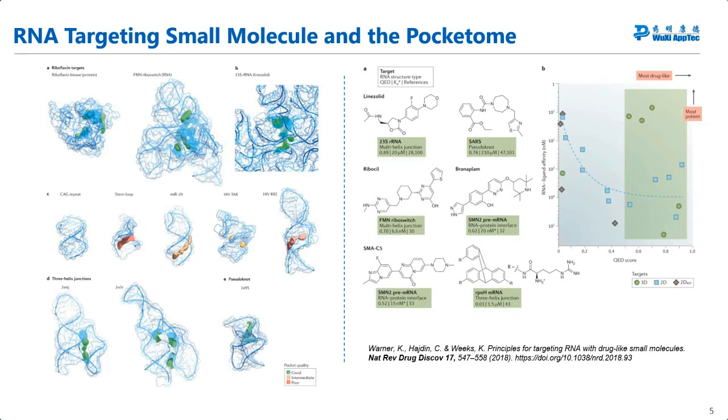Interestingly, molecules targeting higher order tertiary RNA structures are more drug-like, while compounds targeting RNA secondary structures or repeated sequences are difficult to achieve good drug likeness and high potency simultaneously.